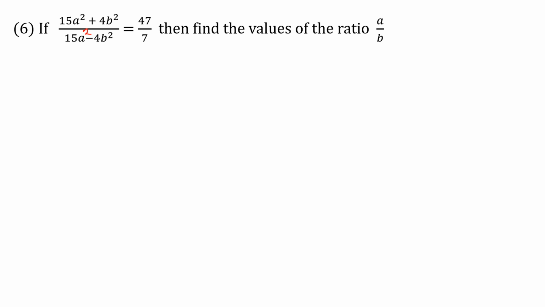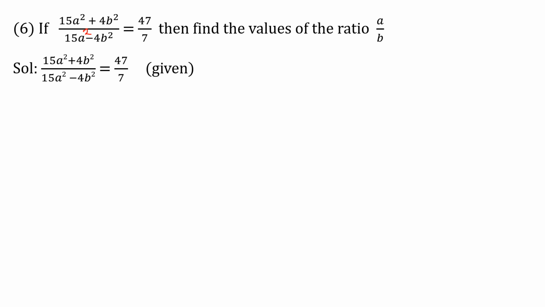You have to find the value for a upon b by using the given expression. Now, in the solution, (15a square plus 4b square) upon (15a square minus 4b square) is equal to 47 upon 7, given.